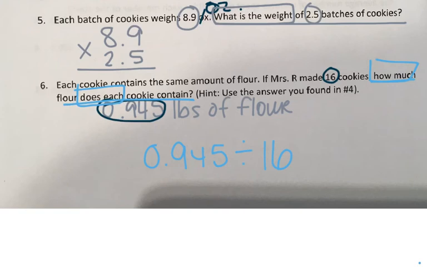So you're dividing the total amount of flour by the number of cookies. So you would go inside and outside. I'm going to leave you to go ahead and solve that one on your own. Don't forget to line up your decimal place before you start anything else, and then you can move on from there.